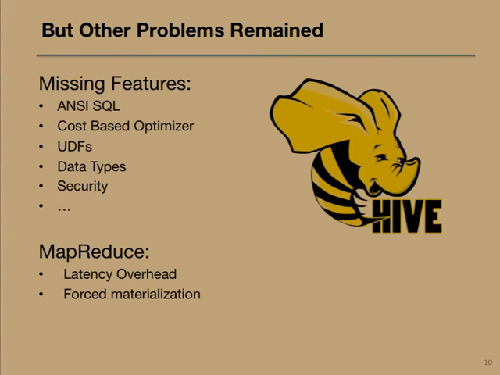but it has a built-in latency as a result of the fact that when you start a job, you have to talk to the job tracker, and the job tracker has to parcel out jobs to each one of the data nodes. As a result, even if you are running a query against just a small sliver of data, let's say a megabyte or 100 megabytes, the minimum turnaround time on that query is going to be 15 to 30 seconds.